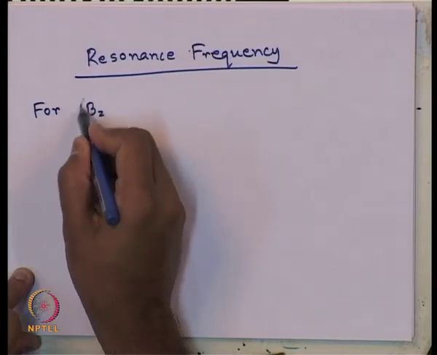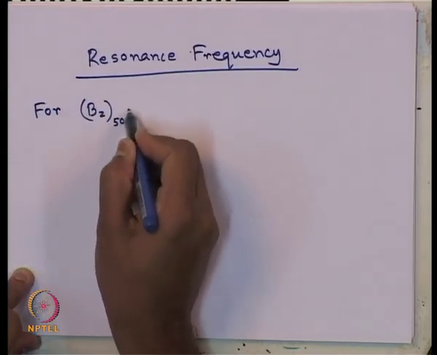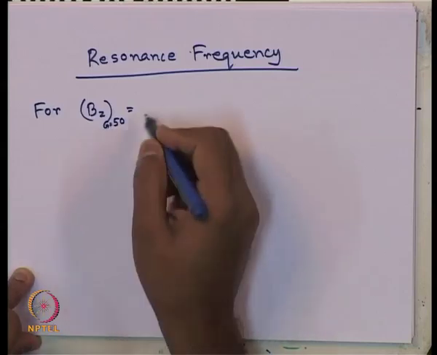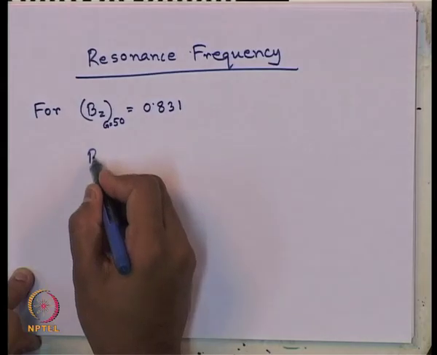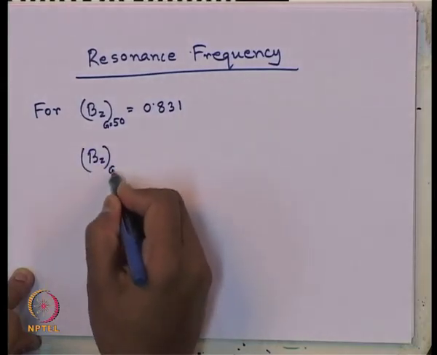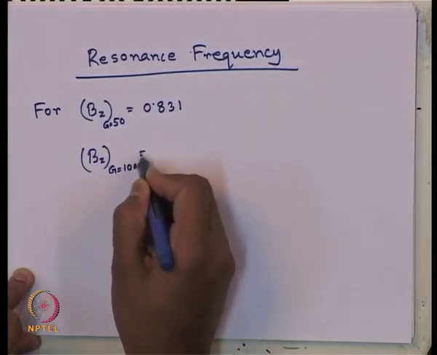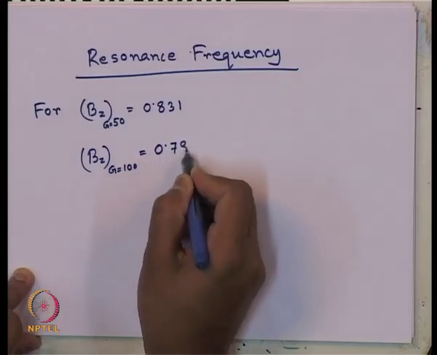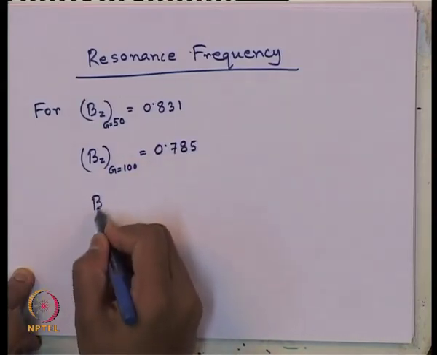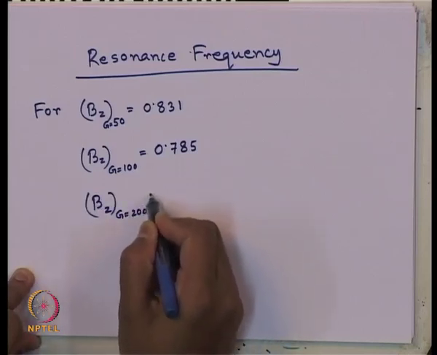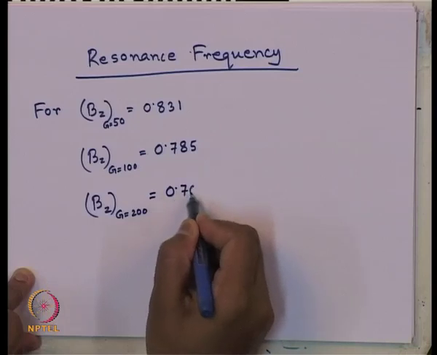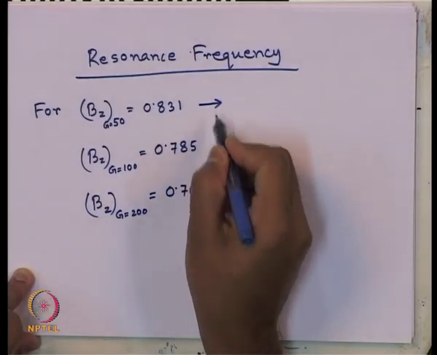For the different BZ values, with G equals to 50 it is 0.831, BZ with G equals to 100 is 0.785, and BZ for G equals to 200 is 0.706. What are we getting?